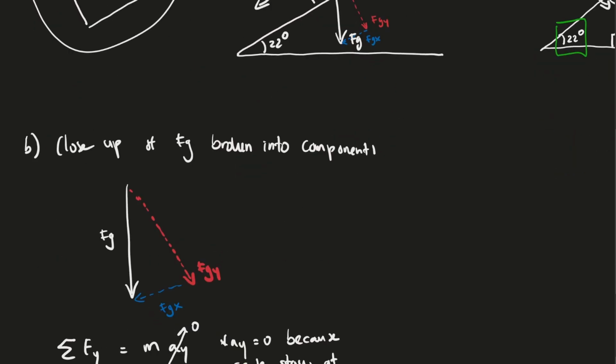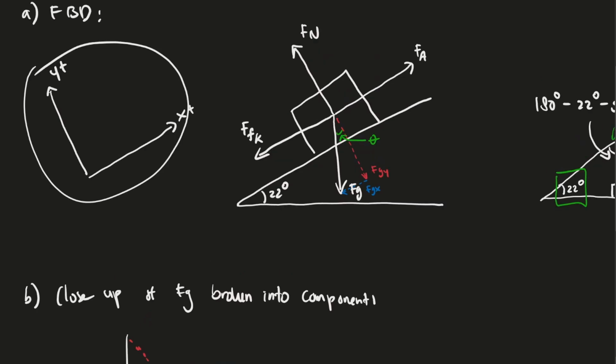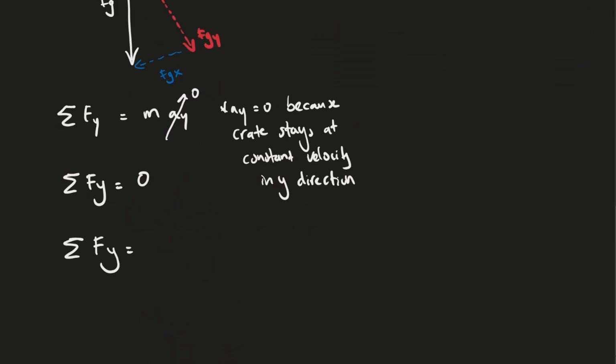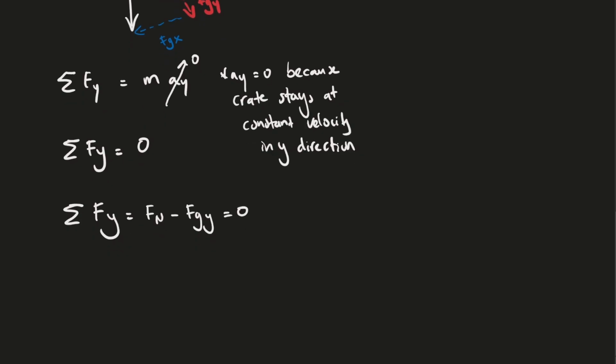Fn, let's take as the positive. So it's going to be Fn minus Fgy is equal to 0. If we rearrange the equation, Fn is equal to Fgy, and then we can break this down further.